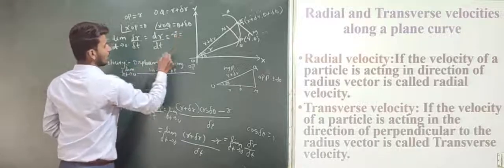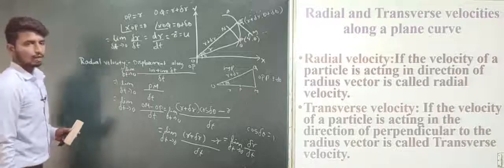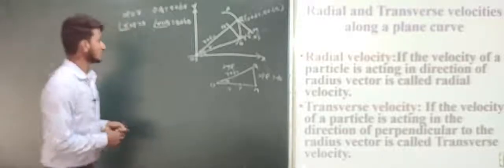This is the radial velocity, and u is the angular velocity, the transverse velocity.